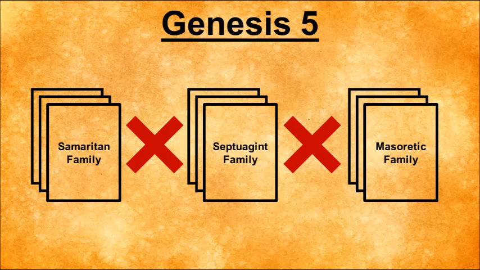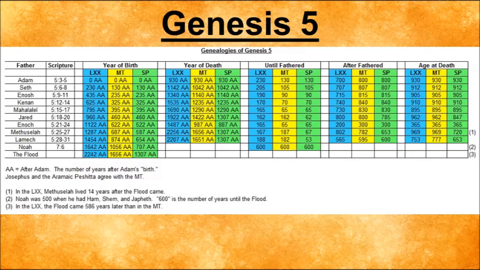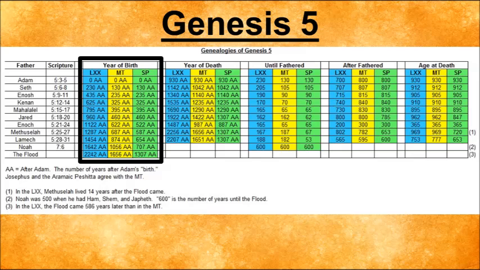In fact, the years between the generations are different between all three manuscript families. Take a look at this graph. I have compared the Septuagint in blue, the Masoretic Text in yellow, and the Samaritan Pentateuch in green. The first set of columns are the years between Adam's birth and each person's birth.